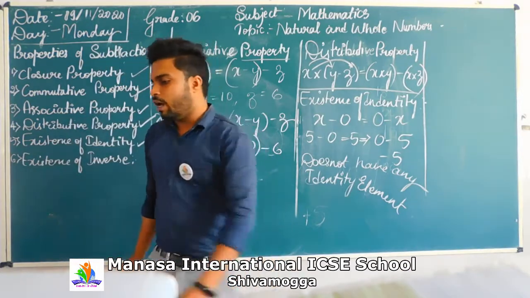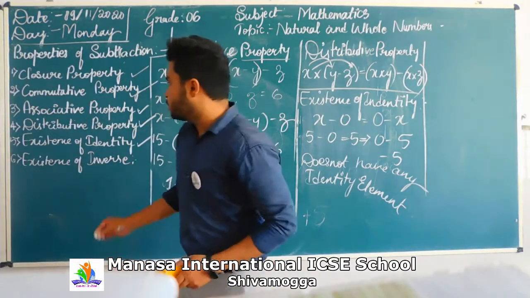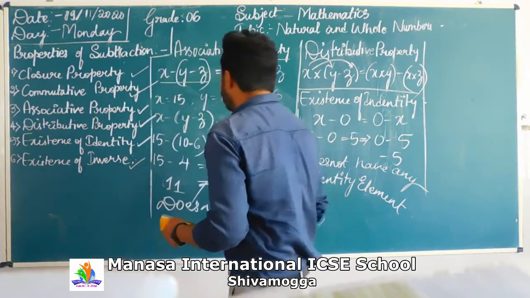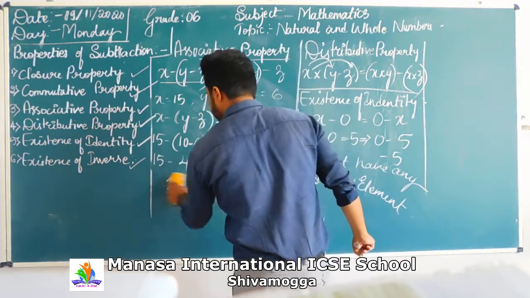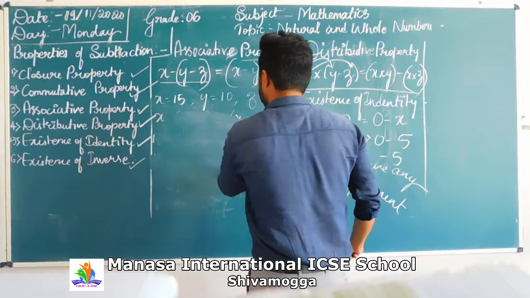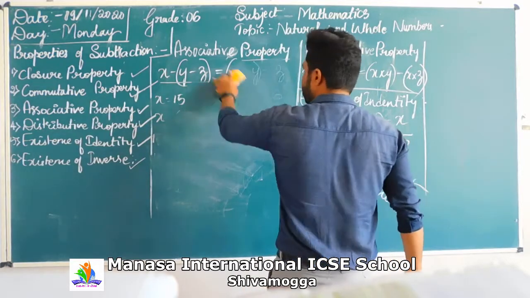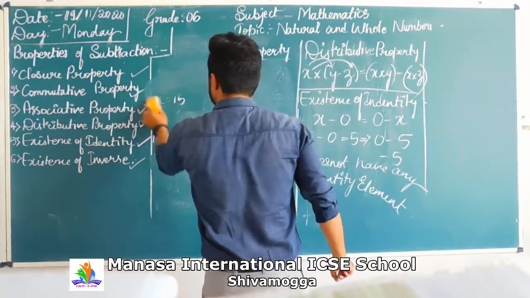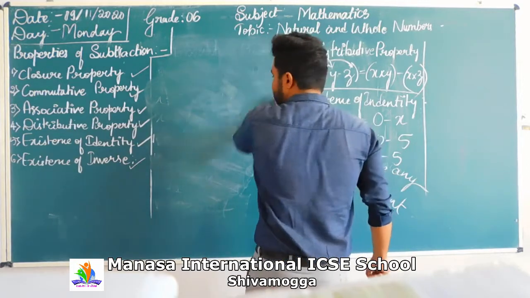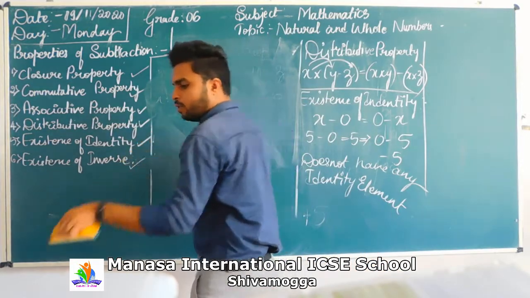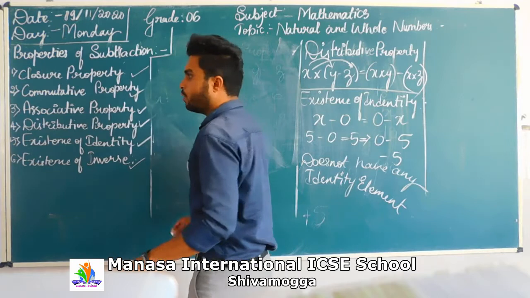The next property is existence of inverse. The last one is about what?